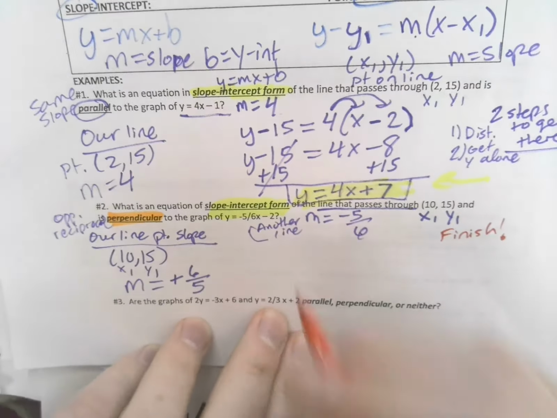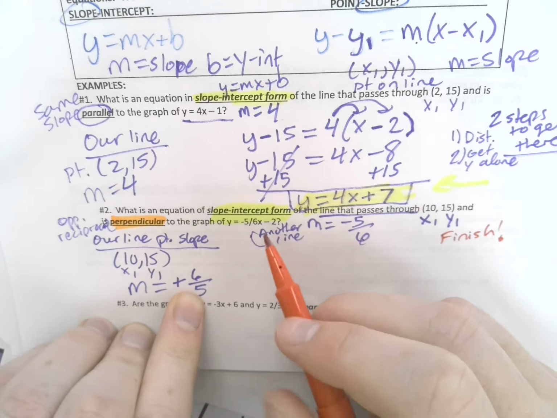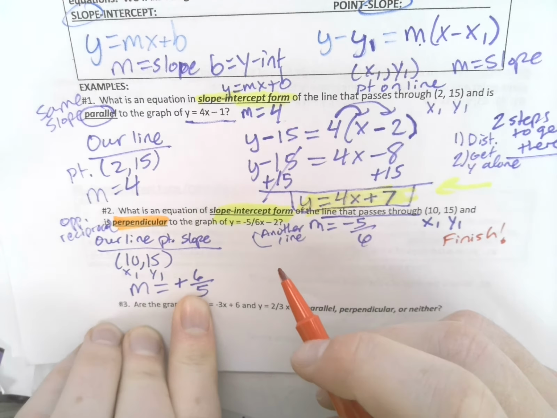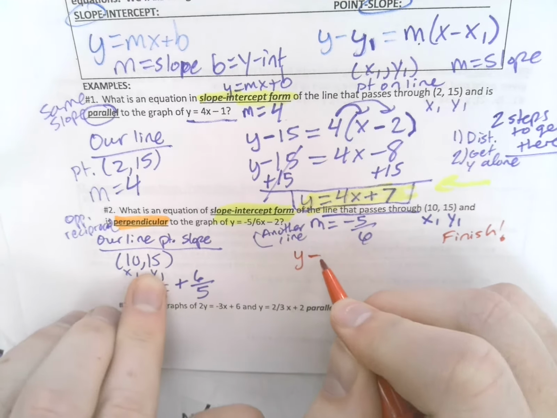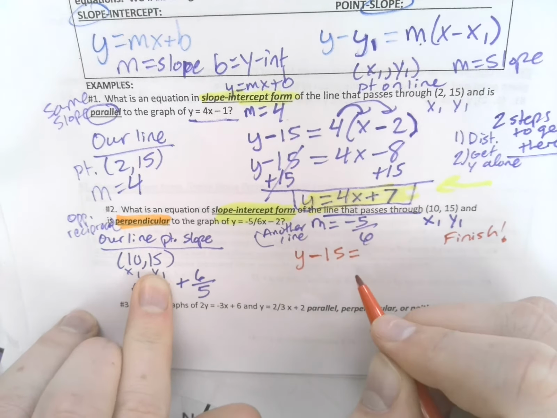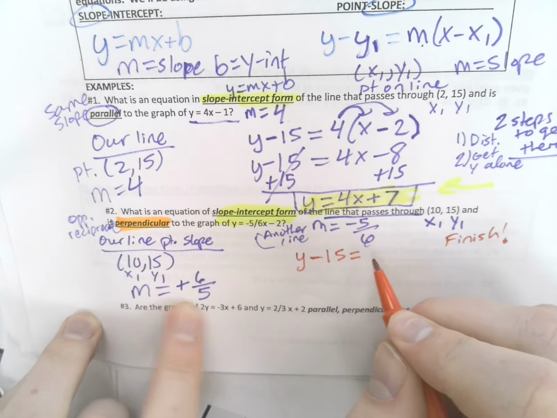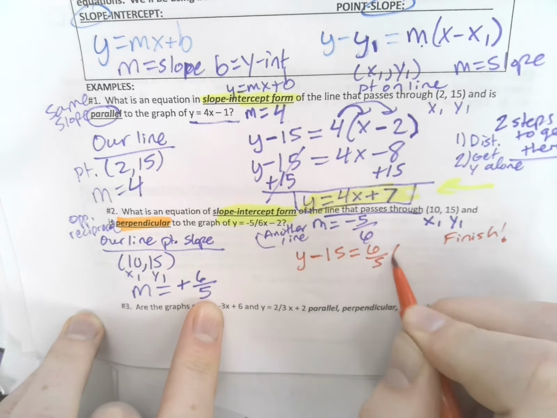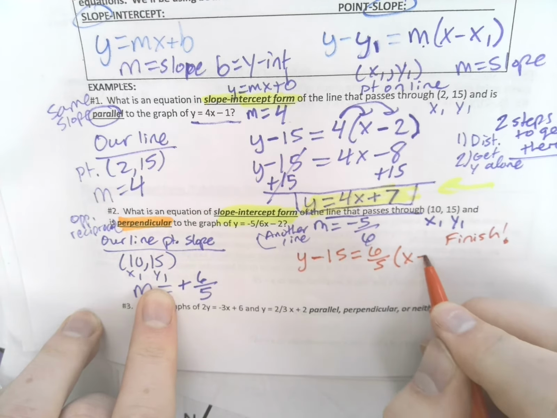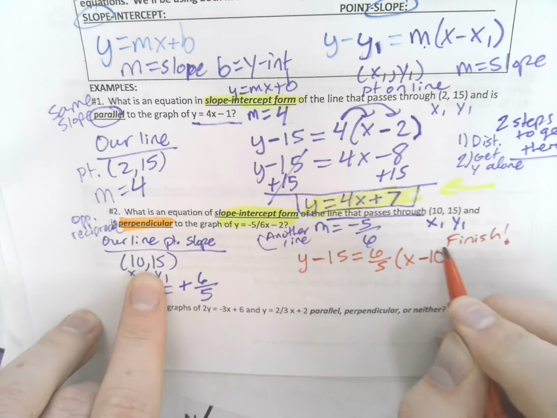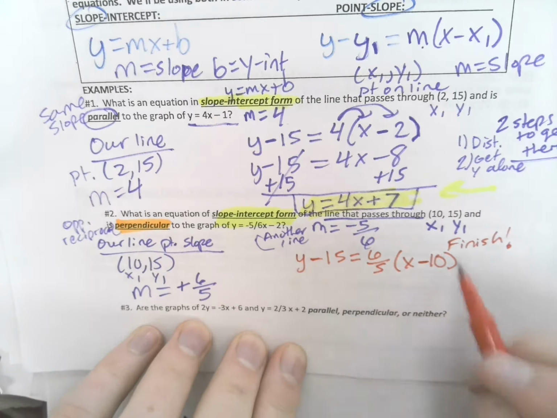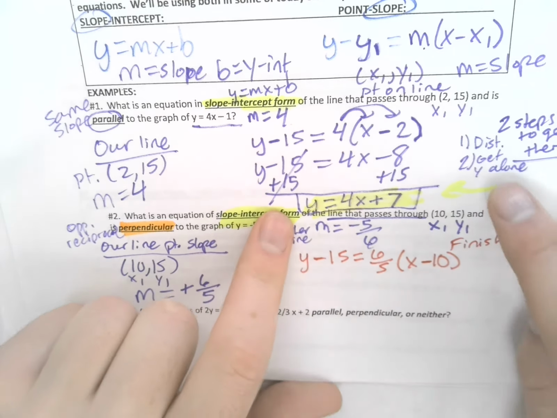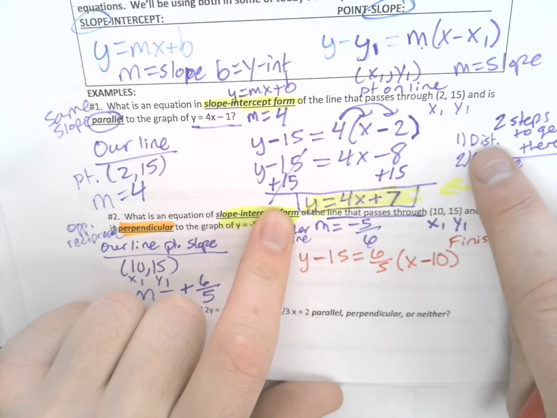All right, guys. So first, we probably need to start in point-slope form since we don't actually have the y-intercept. So we've got y minus our y1, 15, equals our slope, positive 6 over 5, and then parentheses x minus x1, which is 10. Okay, so this is point-slope, but we want this in slope-intercept. So don't forget our 2 steps.